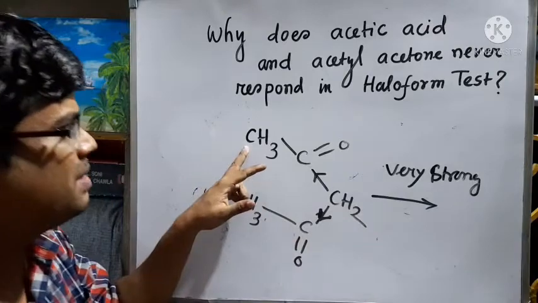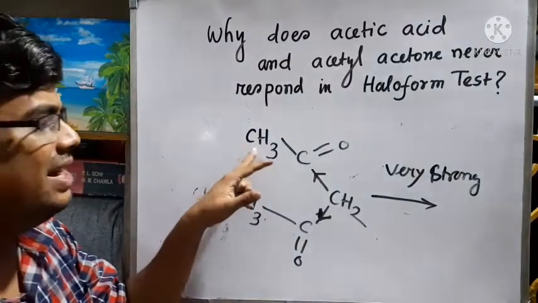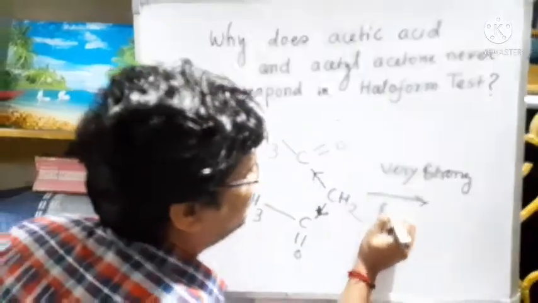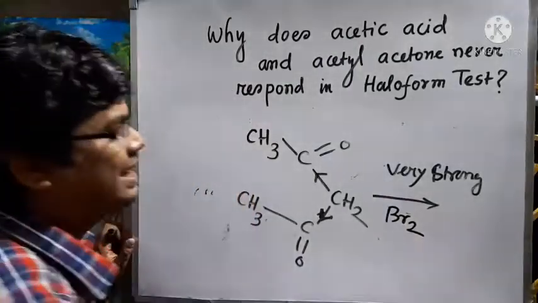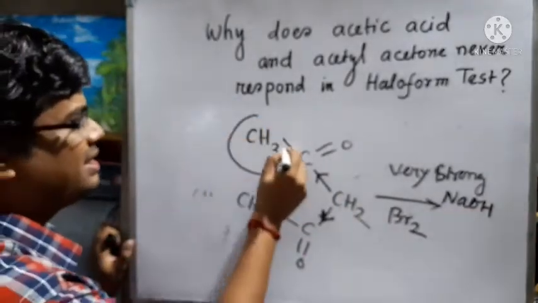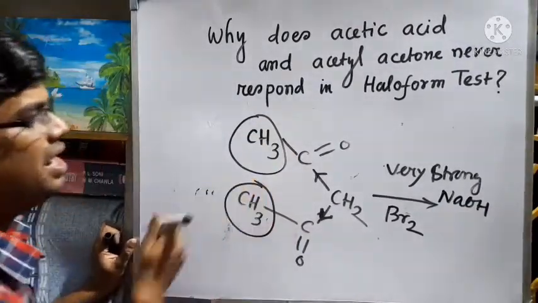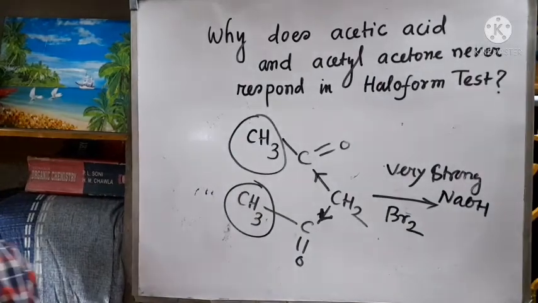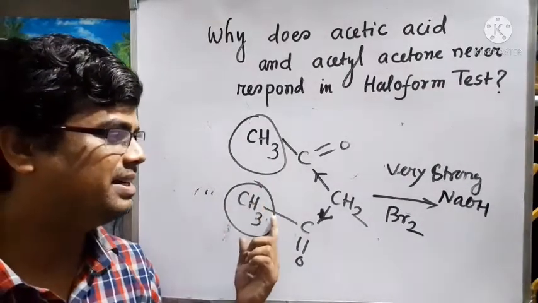So instead of replacement of the hydrogen atom by the halogen bromine at the CH3, it has the chance to be replaced at this alpha position. So that is why this CH3 group remains unaffected. These CH3 groups remain unaffected.